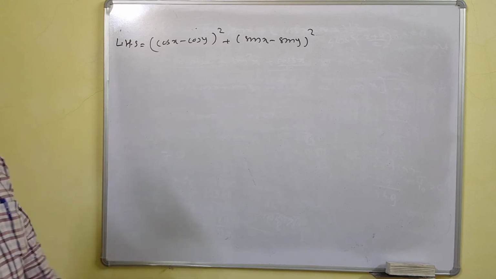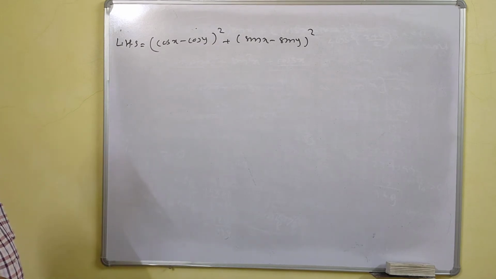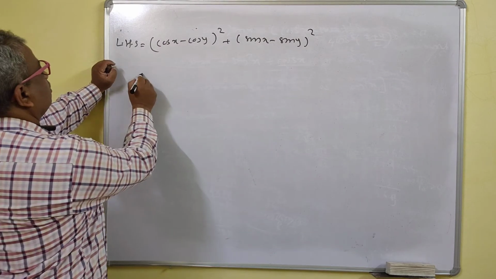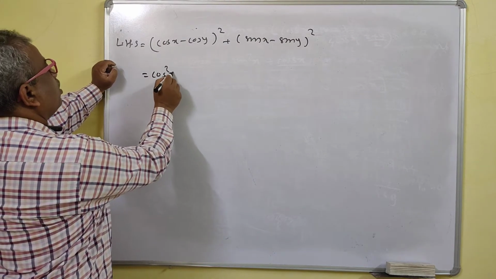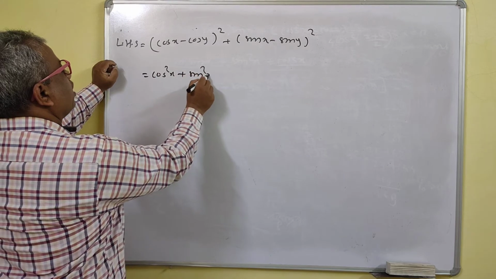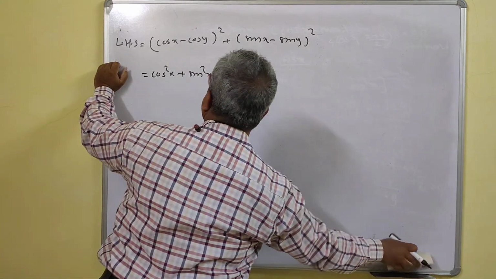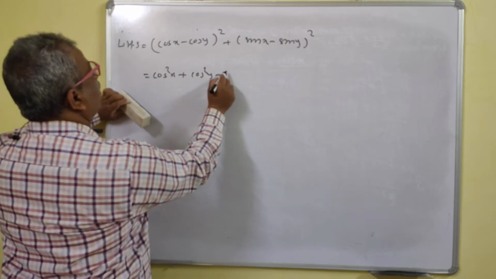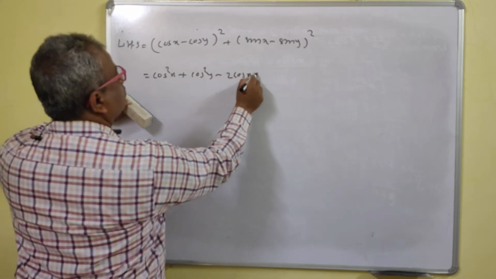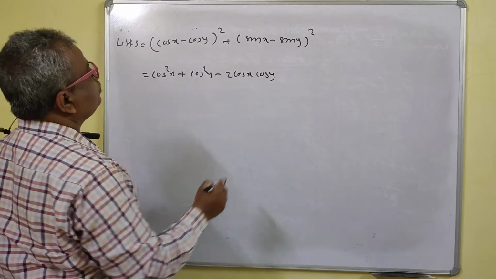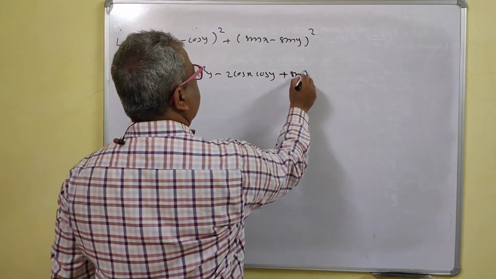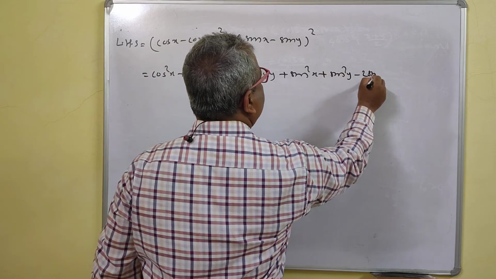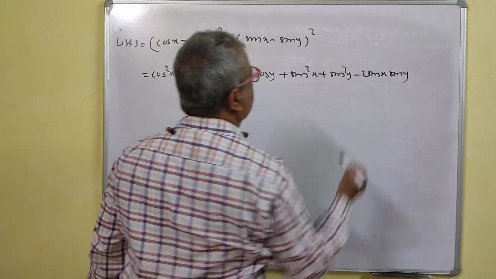LHS is equal to. Okay, so what we'll do? We'll expand and see what happens. This is cos square x plus cos square y minus 2 cos x cos y plus sin square x plus sin square y minus 2 sin x sin y.